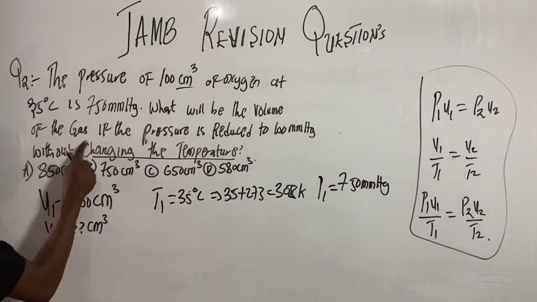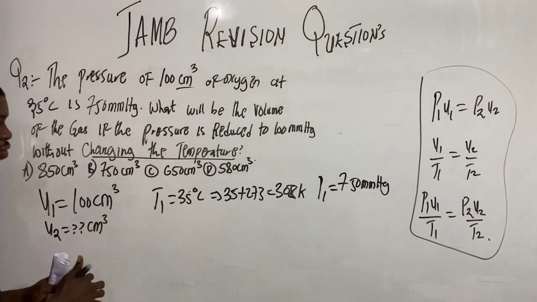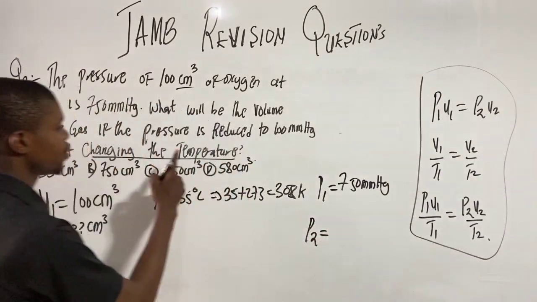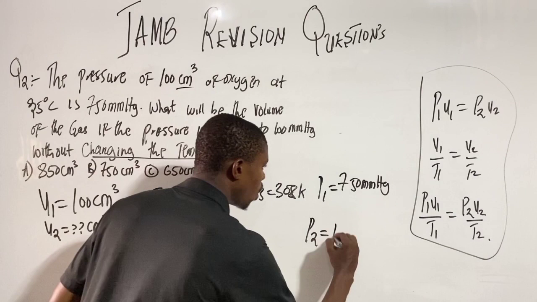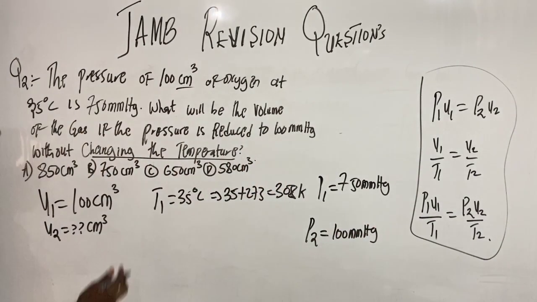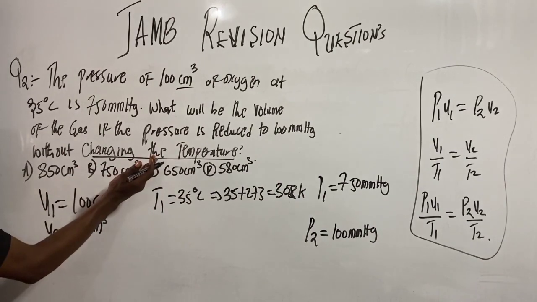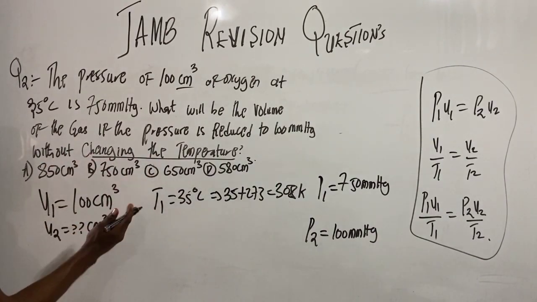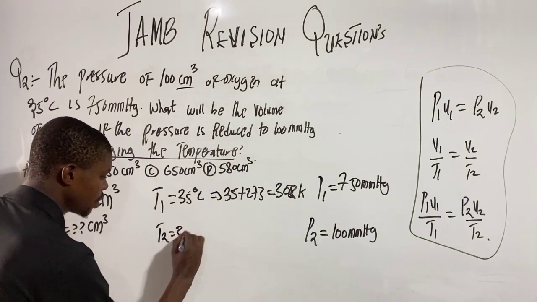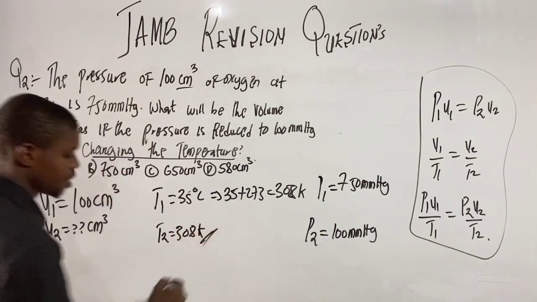What will be the volume of the gas if the pressure is reduced? So my pressure is reduced to 100 millimeter of mercury, without changing the temperature. So my T2 is the same.